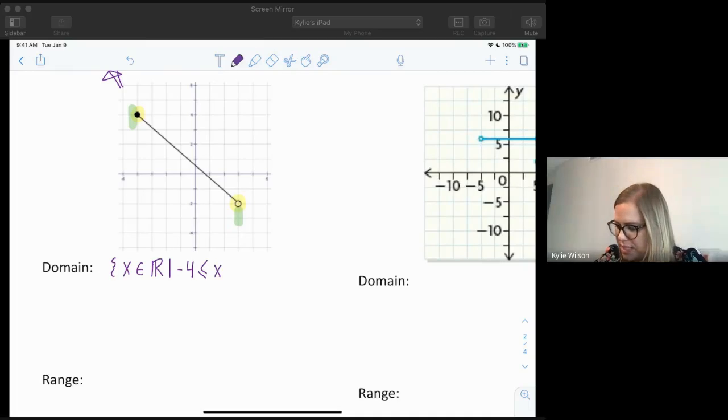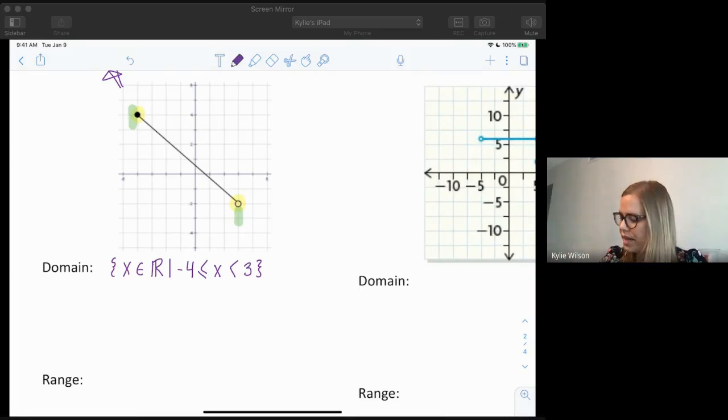X is less than 3. The reason why we have a less than 3 at the end is because it is an open circle, and the actual 3 is not included.